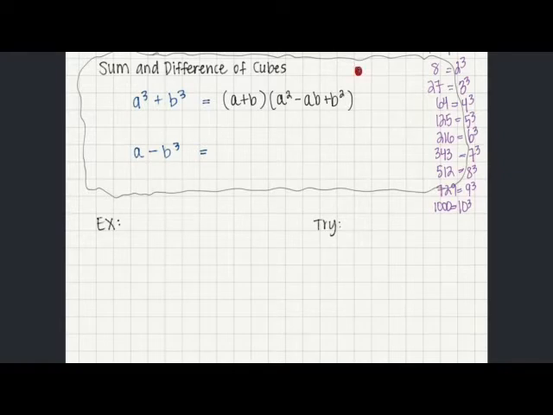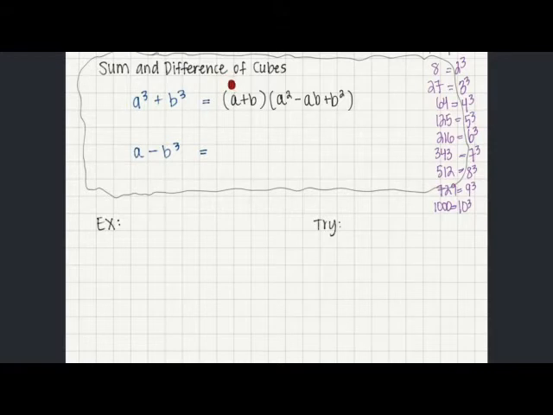And this is how I remember it. So this is like a little karaoke ball. So we start with a plus b. When you can recognize the cube root of your first term and the cube root of your second term, and you put them in a binomial, the trinomial is very easy to create.